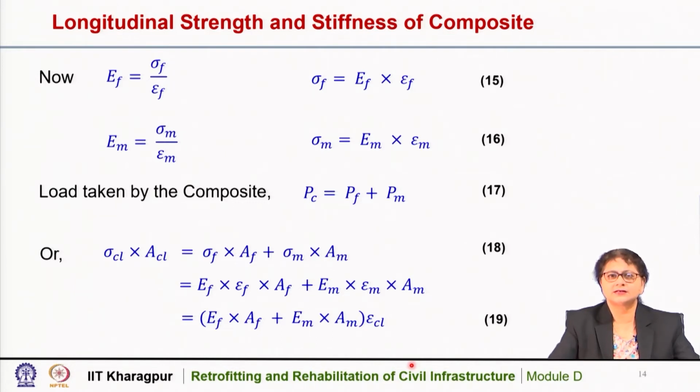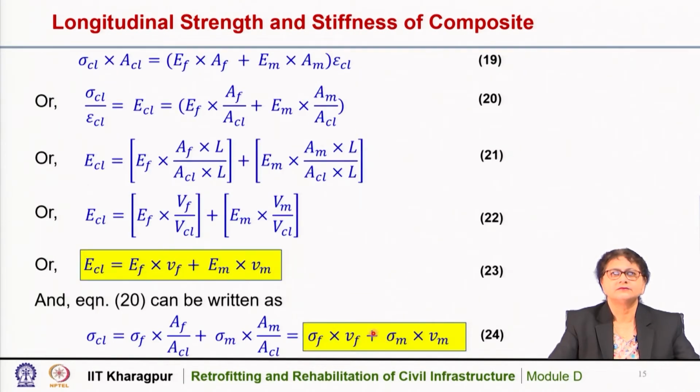Since the strain is the same in the fiber as well as in the matrix, we can write that sigma CL into ACL is equal to EF into AF plus EM into AM, the whole multiplied by epsilon CL, which is the same for fiber and matrix.